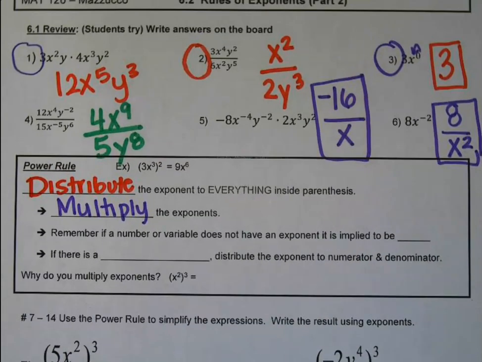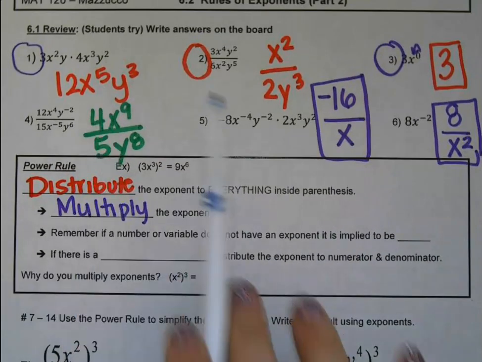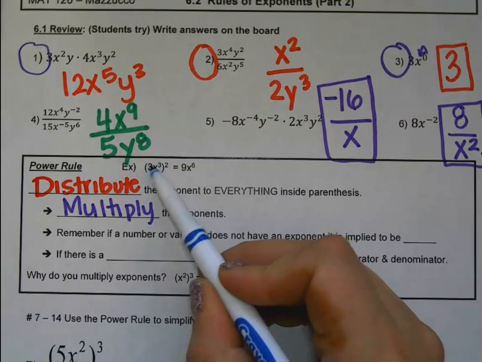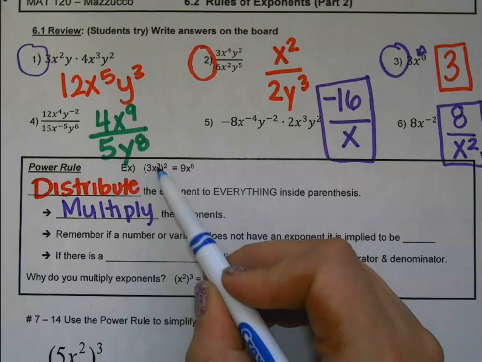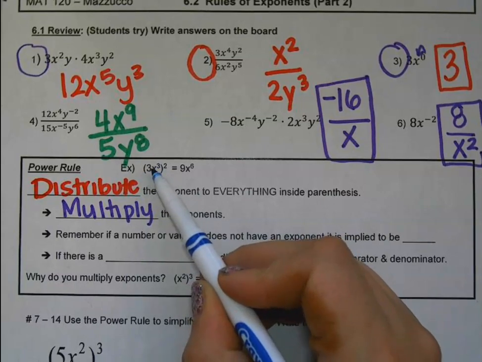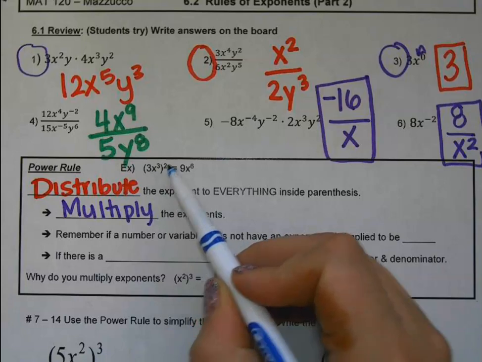Okay, so now that we have reviewed the exponent rules from our previous lesson, let's go ahead and add on our last exponent rule. The last exponent rule deals with if we have a monomial inside parentheses, so one term inside the parentheses, and an exponent on the outside.